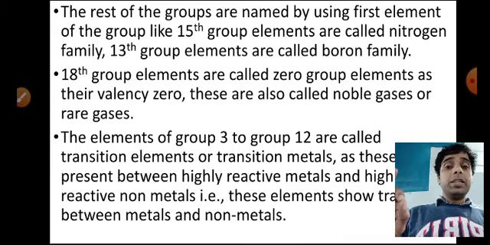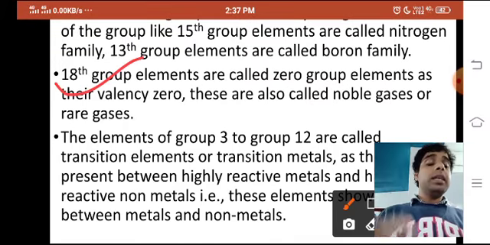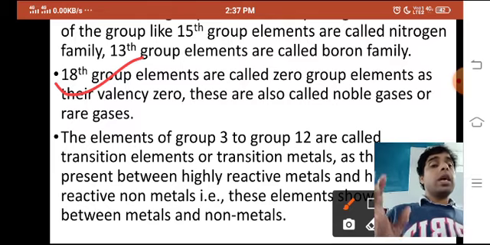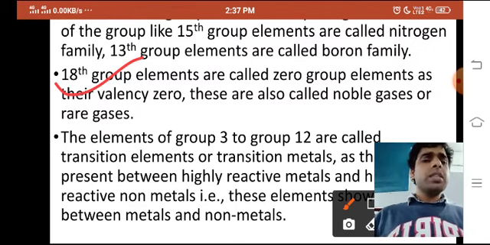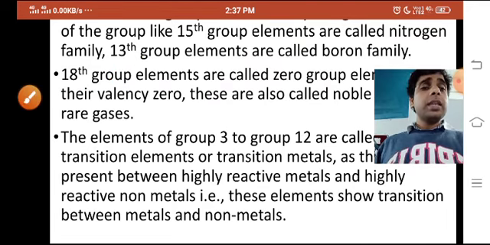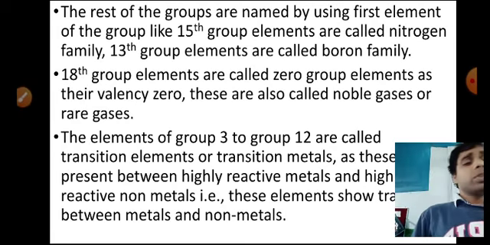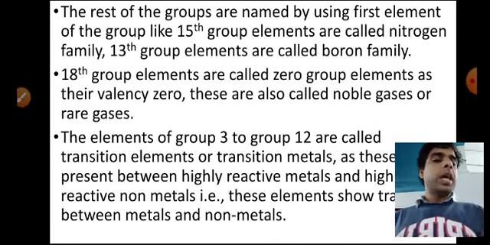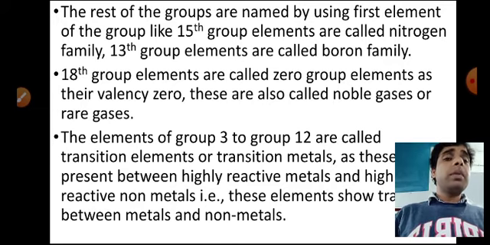The 18th group is also known as the zero group or noble gases, because its valency is 0. If nitrogen is there and it has no special property, then you can say it belongs to the nitrogen family.